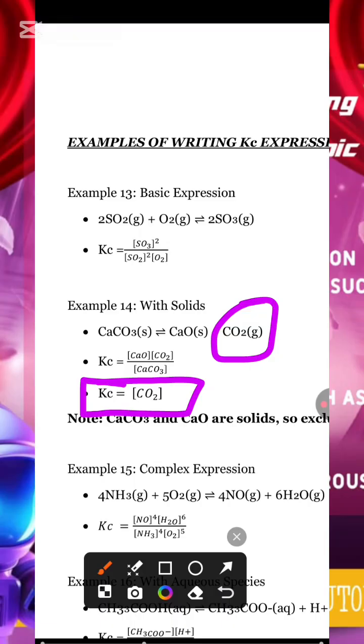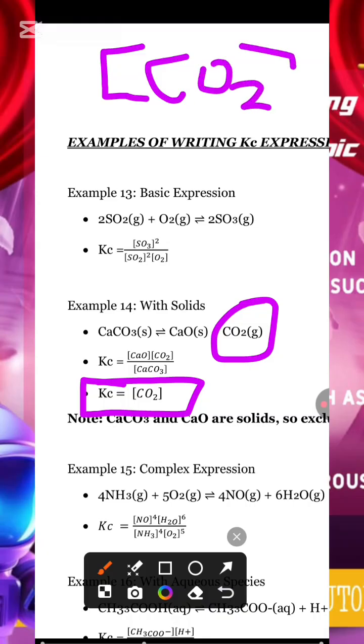I can choose to write my CO2 in a bracket and divide it by 1 because there's nothing in the denominator. But anything divided by 1 still gives you that thing, so I remove the divide by 1 and leave it as just CO2. That is what you can see right here.